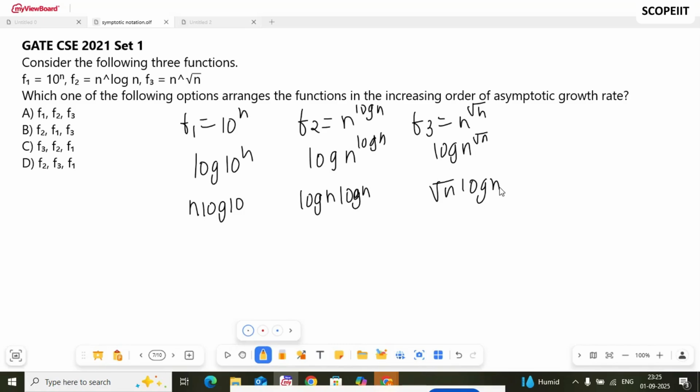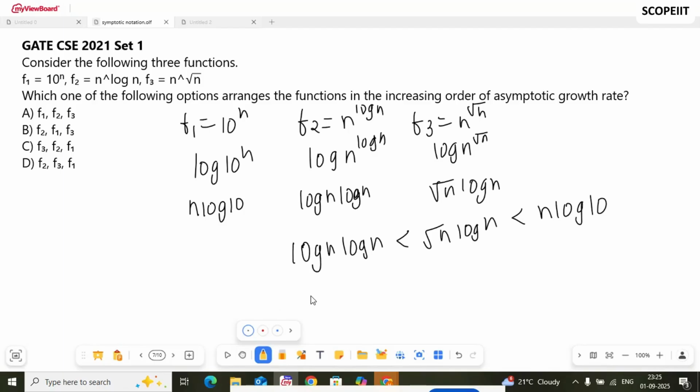Now it will be easy for you to identify. If you see this properly, you can see that log n times log n is less than under root of n times log n, and that value is less than n times log 10, which is f1.